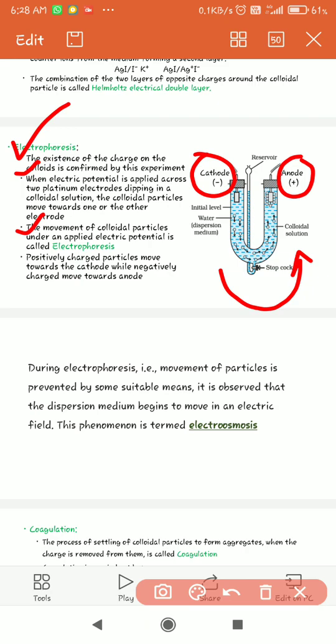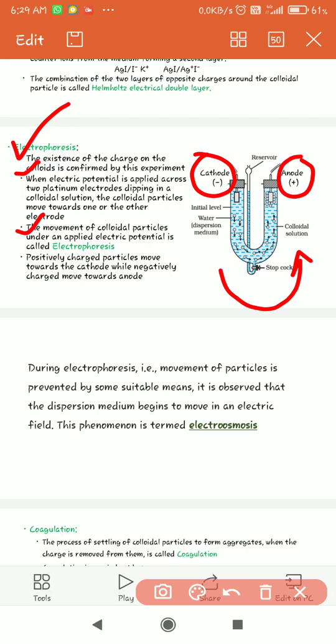This process is called electrophoresis. The positively charged particles move towards the cathode, while the negatively charged particles move towards the anode.